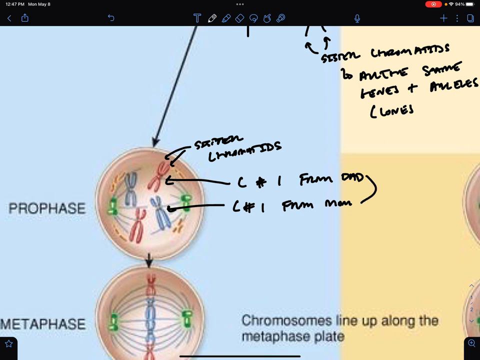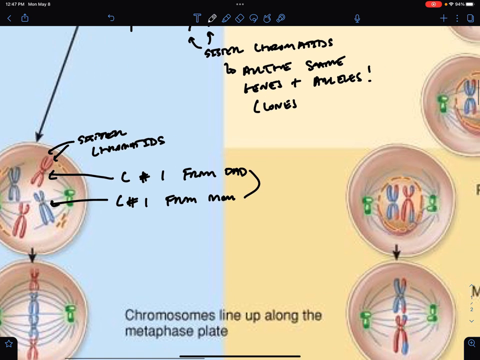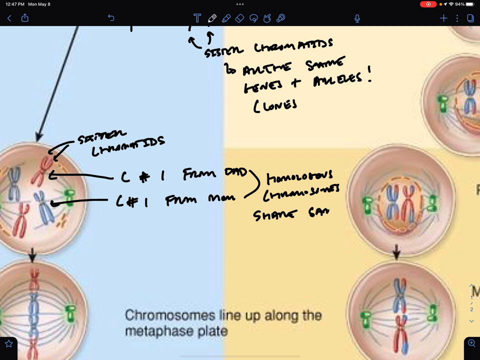The relationship that these chromosomes have to one another is they're called homologous chromosomes. They share the same genes, but different alleles.